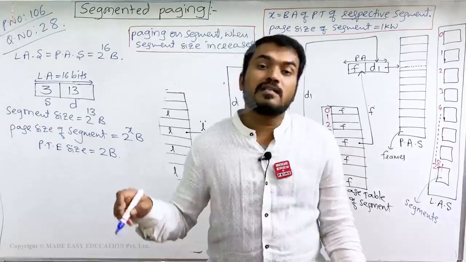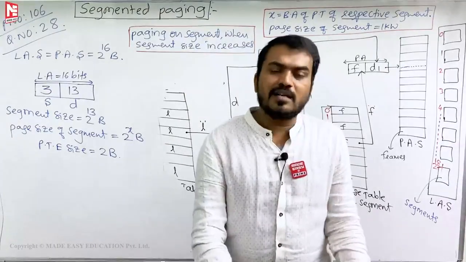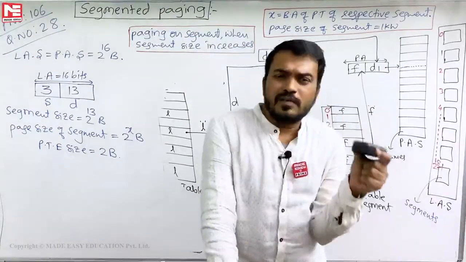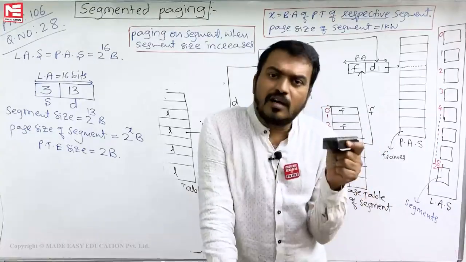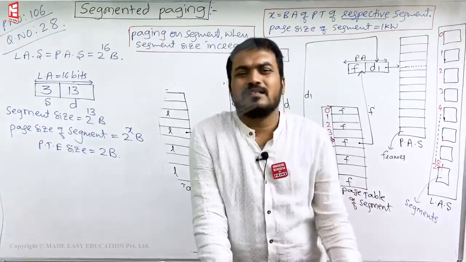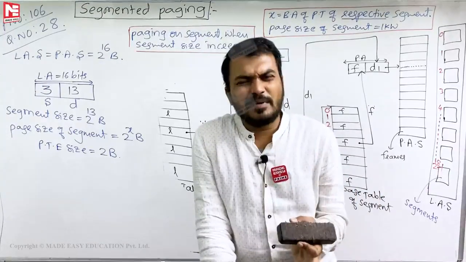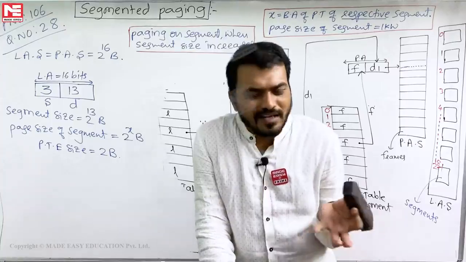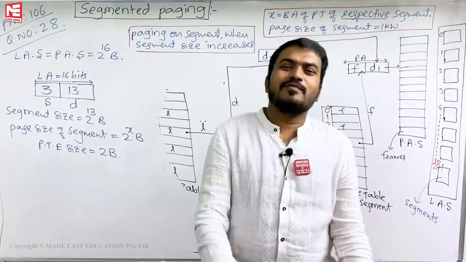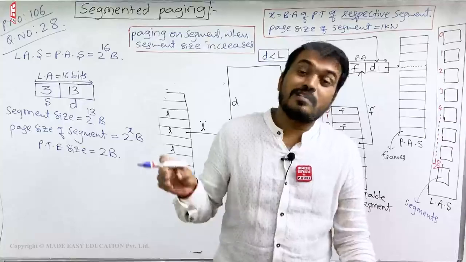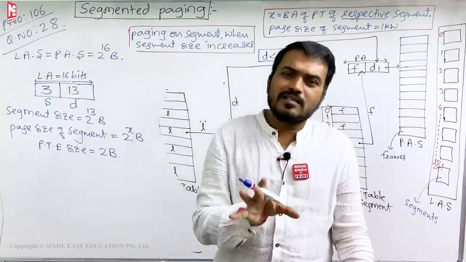Understand here. Okay, इतना बड़ा line दिया. What must be the size of page of segment? इसका मतलब page size of segment क्या होना चाहिए? इतना ही है, confuse करने के लिए इतना बड़ा statement दिया.